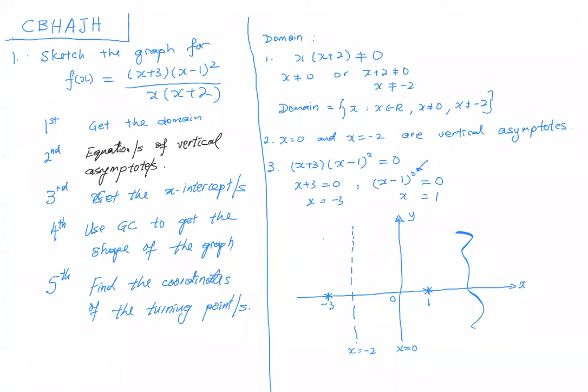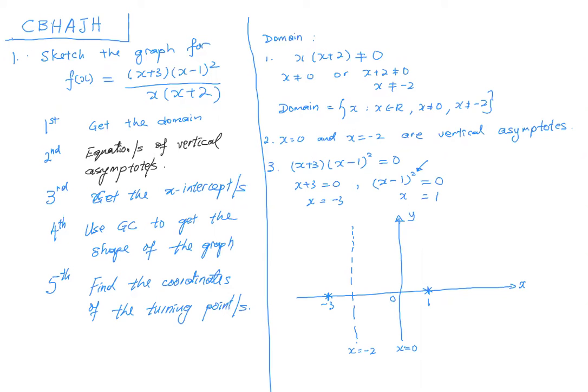The shape of the graph, everyone, you got the shape of the graph ready? Wait, miss. For drawing the graph, what do we need to put down first? The vertical asymptote? Yeah, this is on your paper, not on your GC.